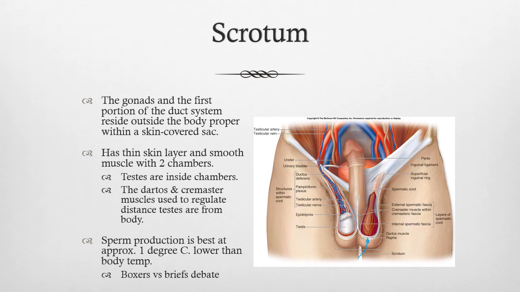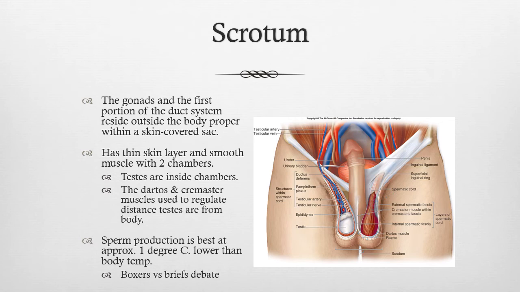We have the cremaster muscle that runs longitudinally along the spermatic cord, and then we have the dartos muscle that runs just deep to the skin of the scrotum. These two structures allow for changes in position of the testes.